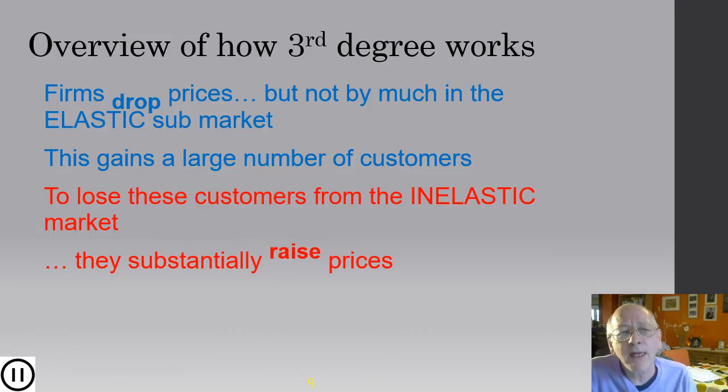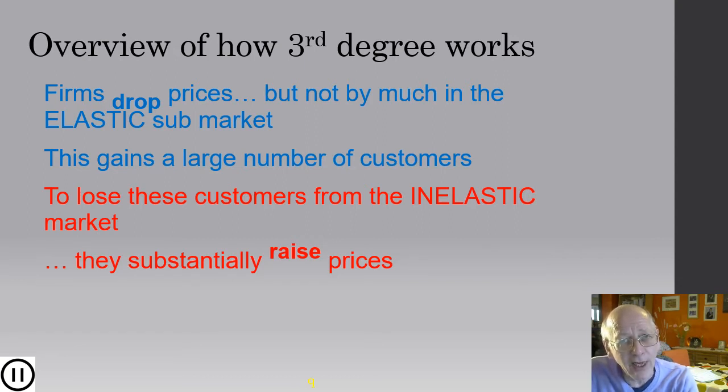So generally speaking, how does third degree price discrimination work? Well, in the elastic sub-market, firms drop their prices, but they don't have to drop them by much to attract additional demand because demand is elastic. So to get rid of the same number of customers from the inelastic market, they raise the price.